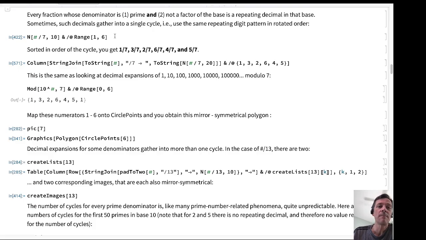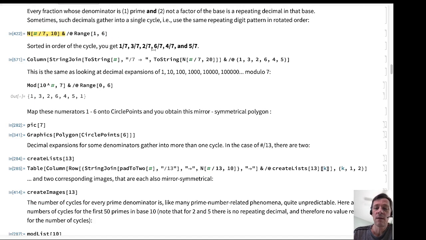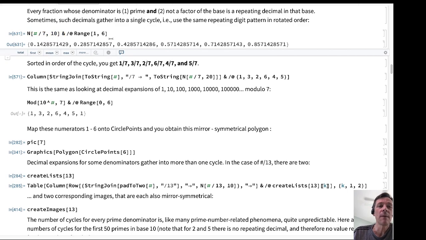This first example is looking at n over 7. The denominator is 7. The base is 10, which is the base we normally work in because we have 10 fingers. I think some of you might be familiar with these repeating fractions. This is 1/7, 2/7, 3/7, 4/7, 5/7, and 6/7.